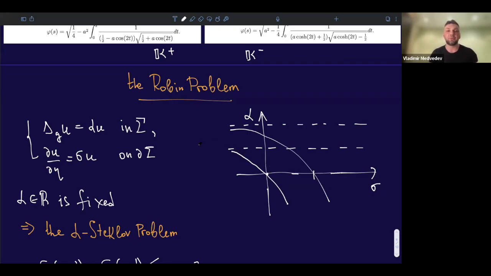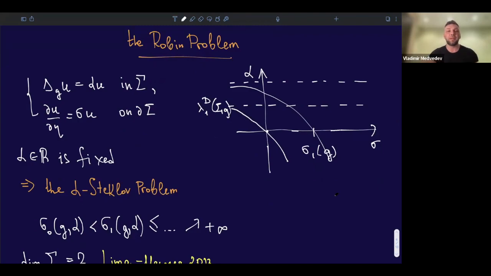These spectral curves have asymptotics. For example, this is nothing but lambda 1, the first Dirichlet eigenvalue of sigma, and this is sigma 1, the first Steklov eigenvalue of sigma.